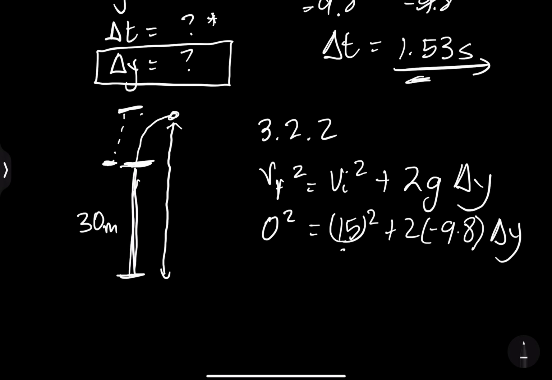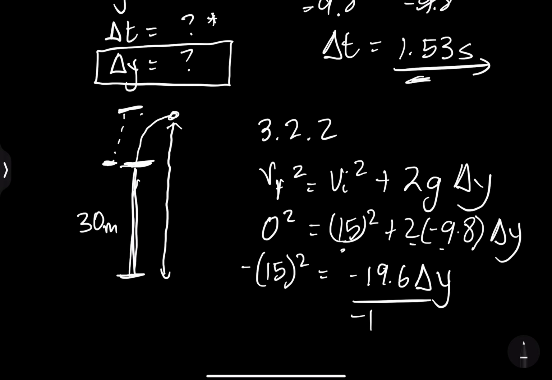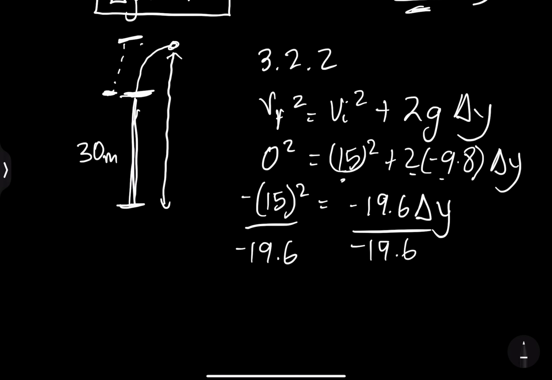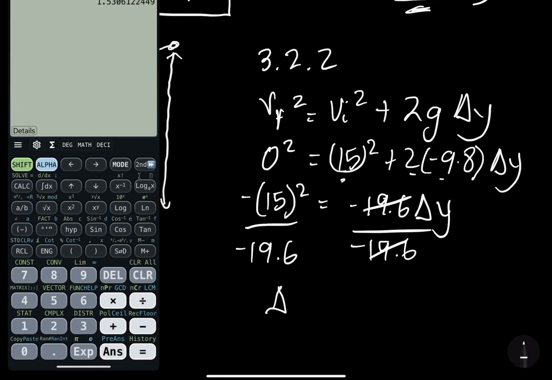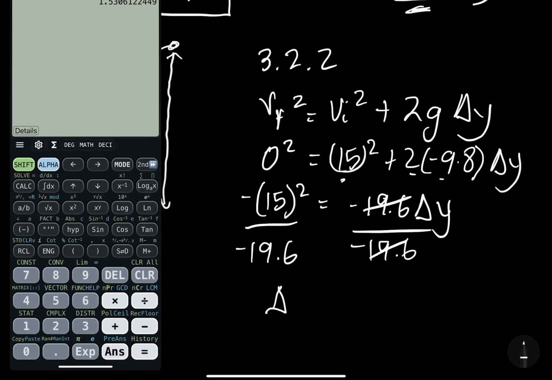And in this case, if I take that to the other side, it becomes negative. So that's minus 15 squared is equal to 2 times 9.8, that will be minus 19.6 delta Y. And we can divide both sides by negative 19.6. We can actually just get that value from the calculator.